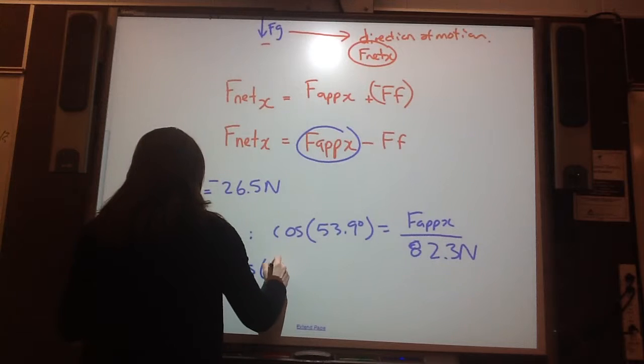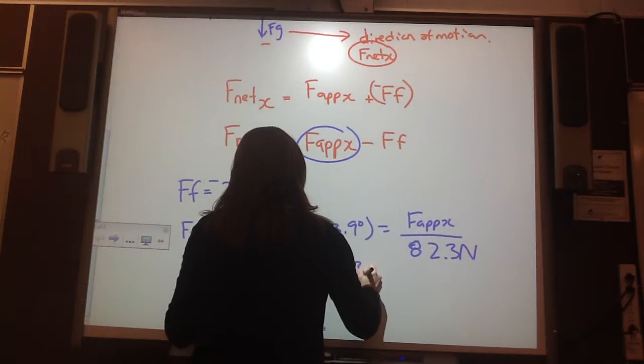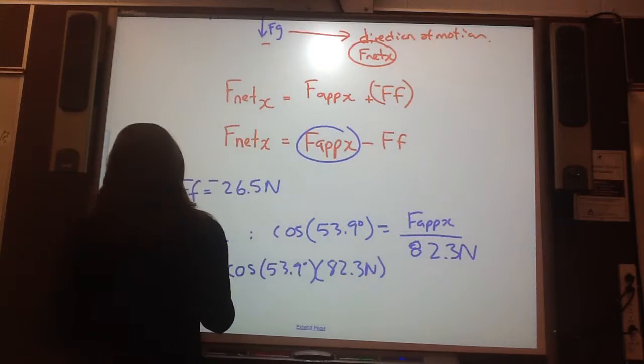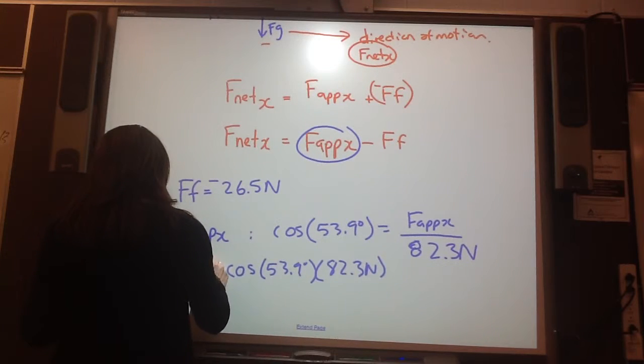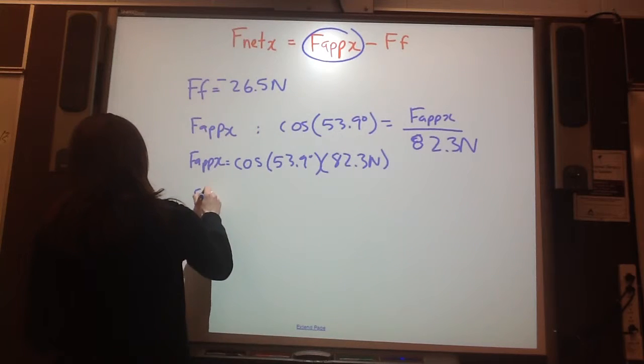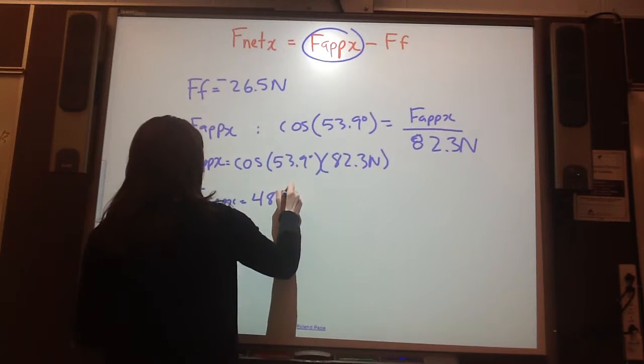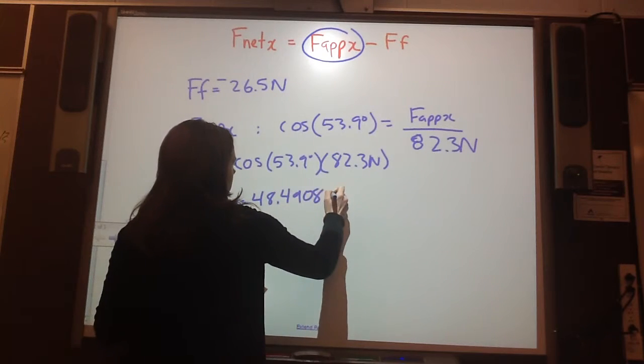So you go cos 53.9 degrees multiplied by 82.3 newtons. So your F app x is equal to 48.49086 newtons.